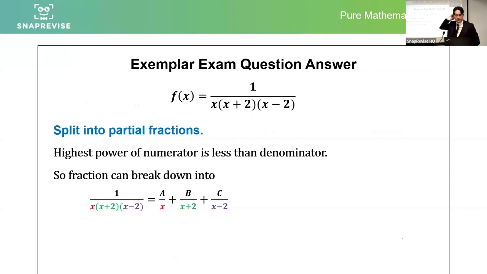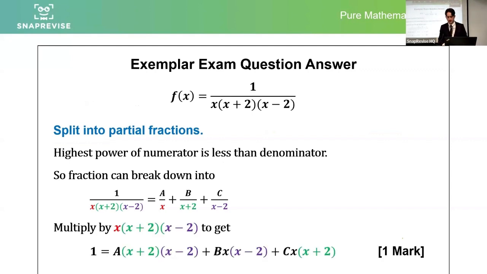Then we need to be really careful finding A, B, and C. You could multiply up by the factors it's missing. So A will be multiplied by X plus 2, X minus 2. B will be multiplied by X and X minus 2. C will be multiplied by X and X plus 2. Now I would probably sub in 0, 2, and minus 2 to help me find A, B, and C. Well done if you did that. Hopefully that's clear up to that stage.